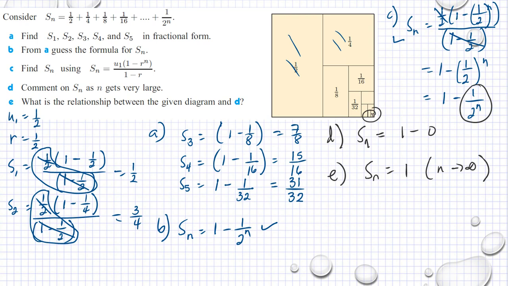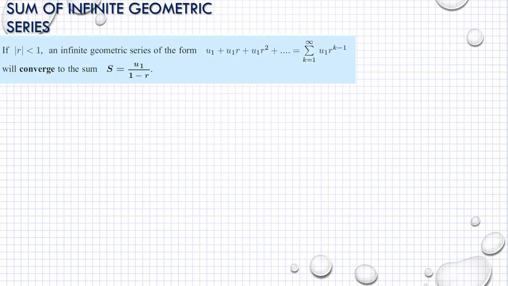This is a very good example of an infinite geometric series, a convergent series, which I'm going to discuss later in my next video.